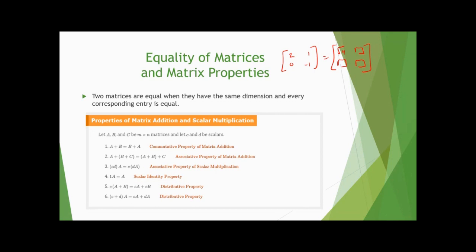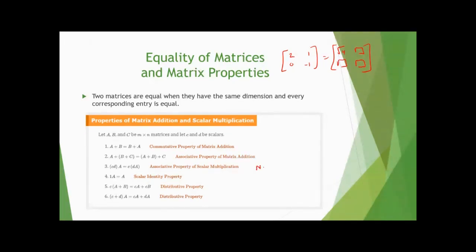So the order that you add matrices does not matter. And then you can group different matrices together to add them up. So the order there does not matter for adding, or with subtracting, you just have to make sure you convert it to a negative. For multiplication, if you're multiplying by a number, then you can kind of group different numbers together.